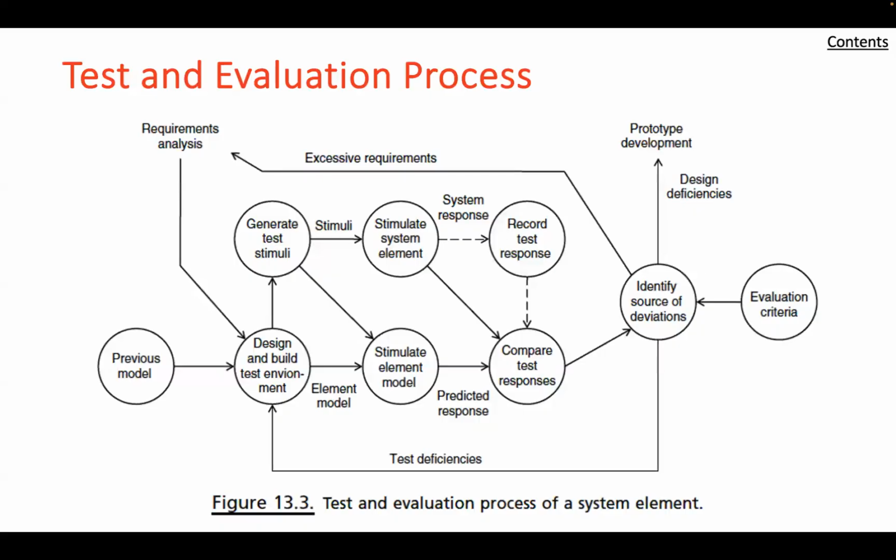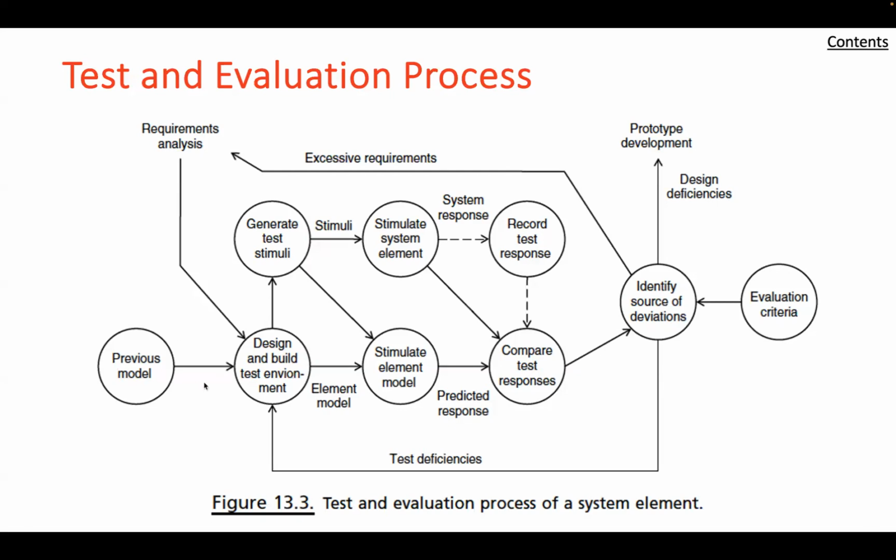So while I've been going through this, I've been showing this figure, and what this figure shows is a functional flow diagram. The four functions on the left side of the figure show how the design of the test environment creates a predictive test model and test scenario, which in turn activates a test stimulus generator.